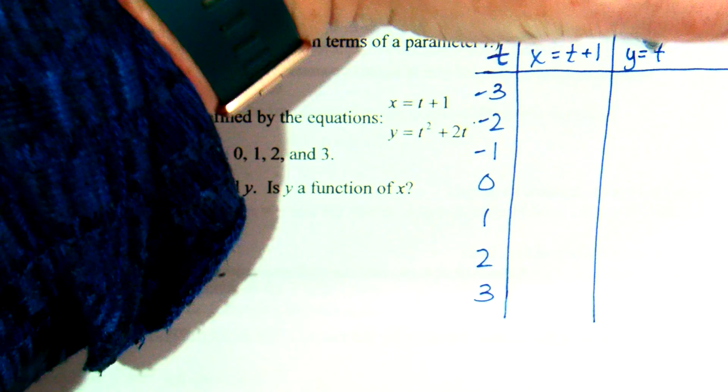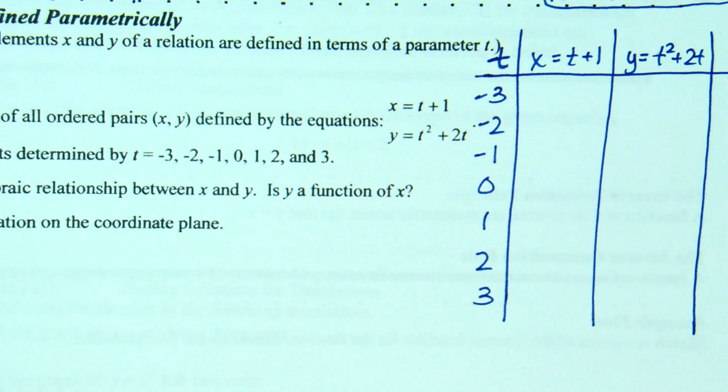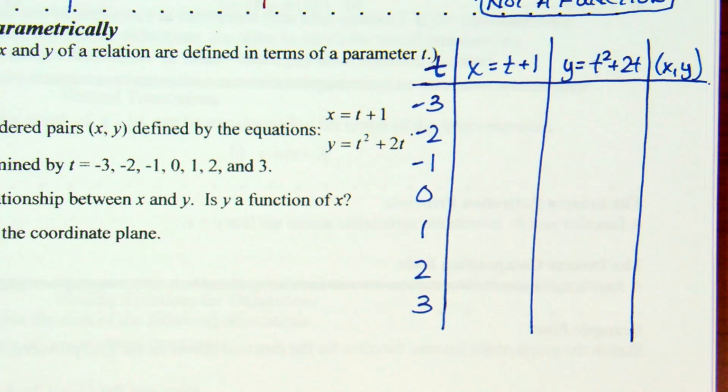My third column, you could probably get away without if you're out of room. But my fourth column is just my xy column, where I express my answers as an ordered pair. Once you find an x and a y, those can be put together as an ordered pair.